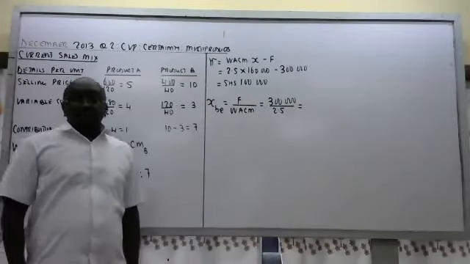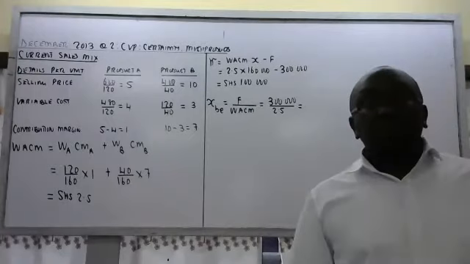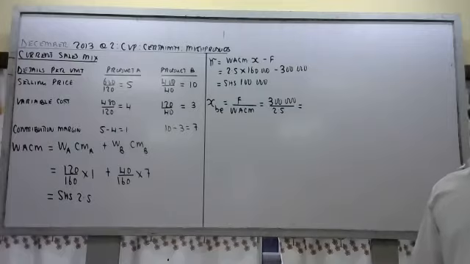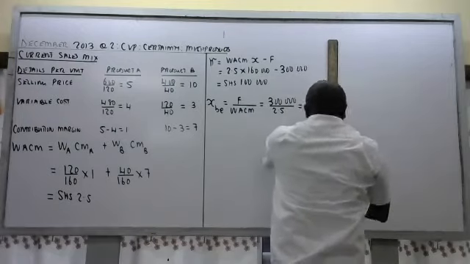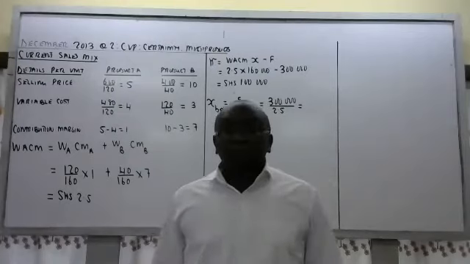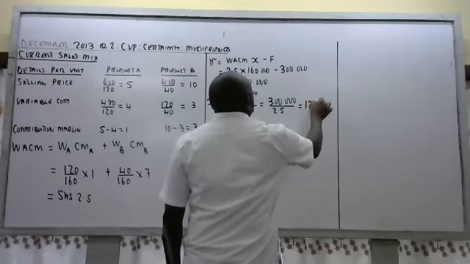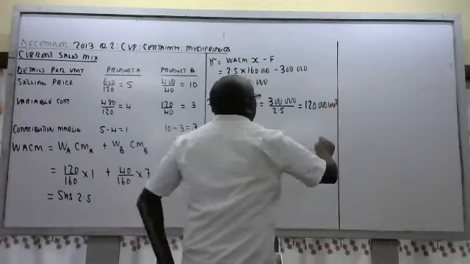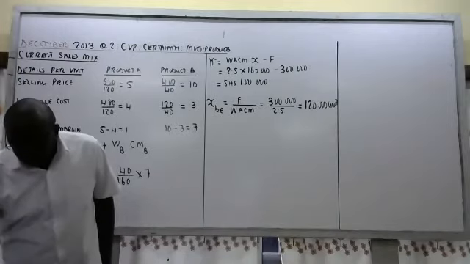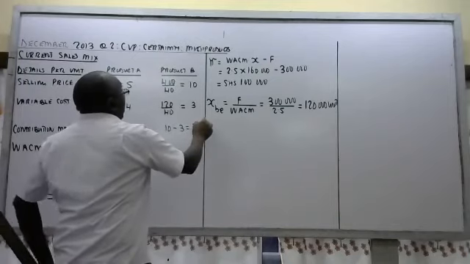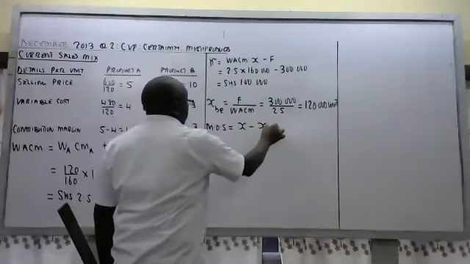June says it is 120,000 units. So if you are told to get the margin of safety, we know it is X minus XBE.